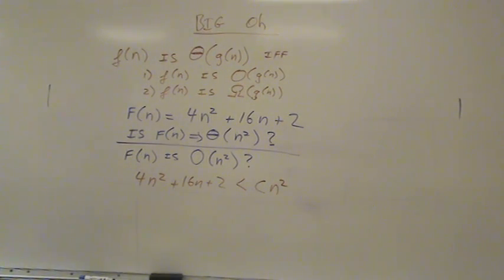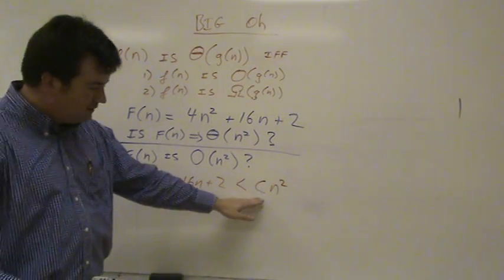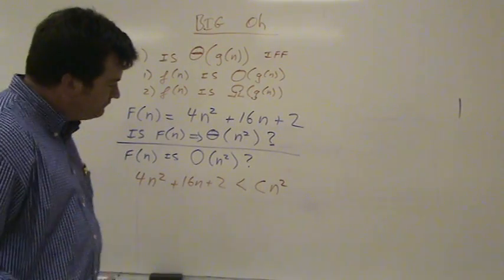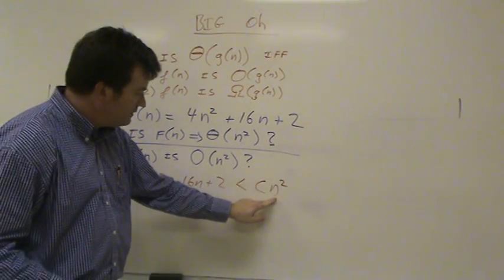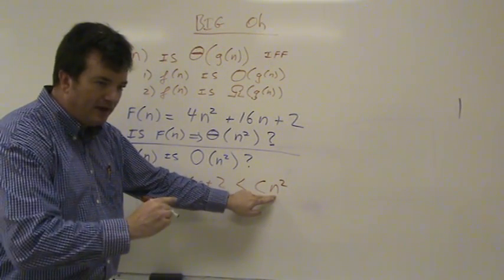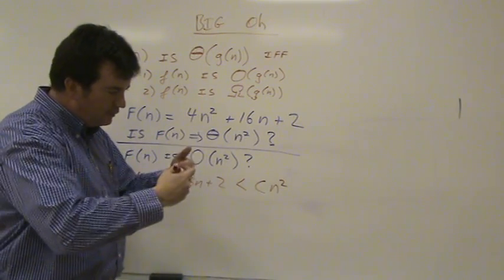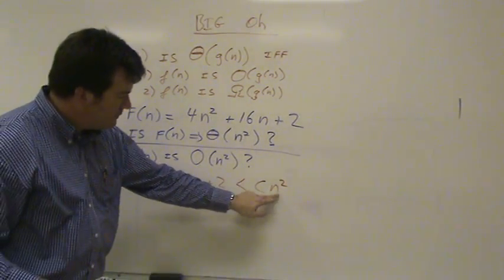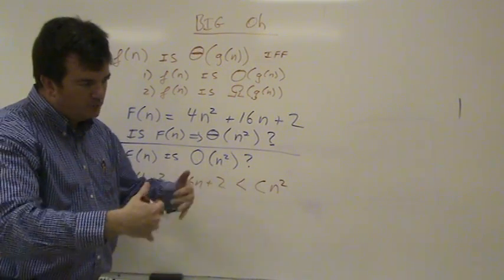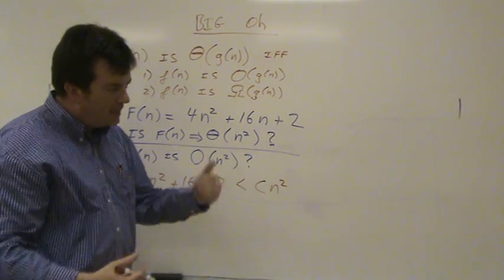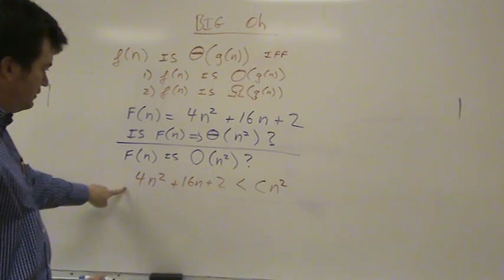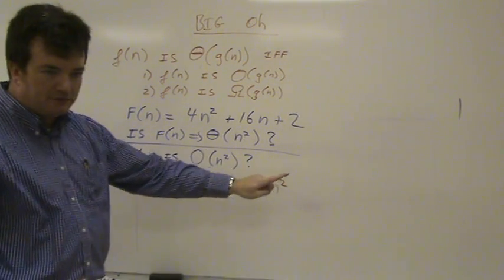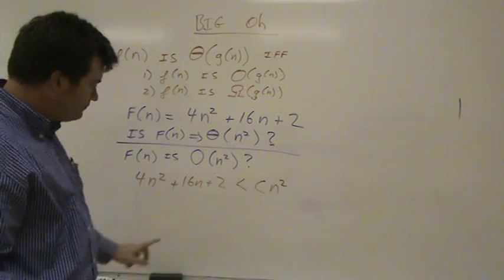We have to come up with a constant, it could be any constant as long as it's less than infinity. And then, for a particular value of n, from this value onward, this statement is true. So it's allowed to be false for some low values of n. But once we get to a certain value of n, from that point on, this statement has to be true in order for this answer to come out to be yes.